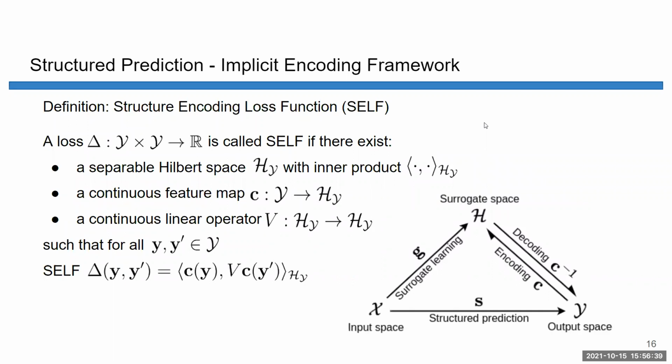To further simplify this surrogate approach, we introduce a concept called structure encoding loss function. The structure encoding loss function has this structure. It means that the loss between two quantities in the output space can be expressed as the inner product between the corresponding quantities in the surrogate space.